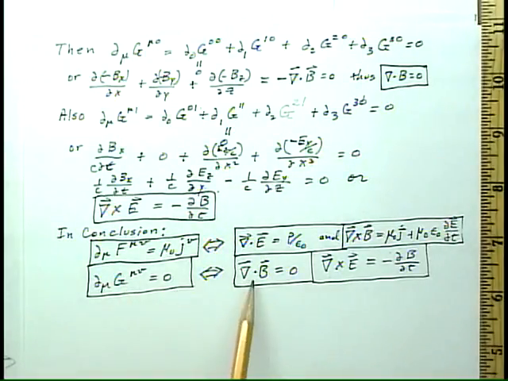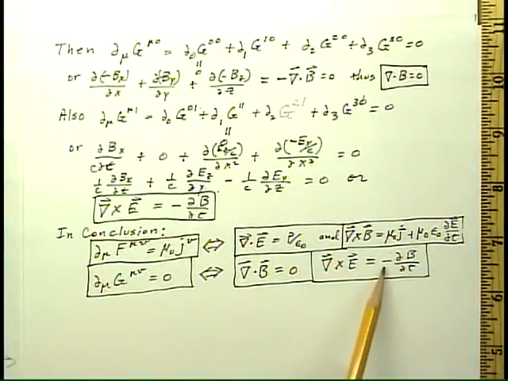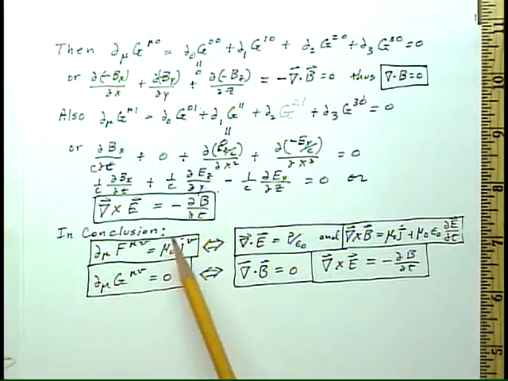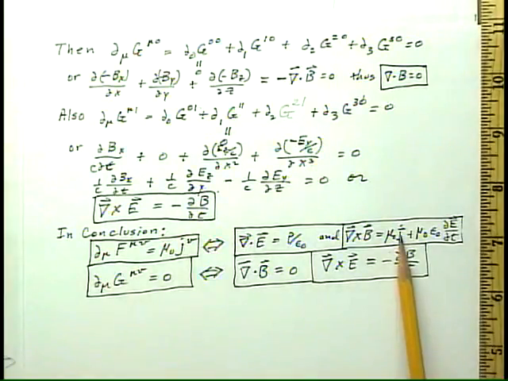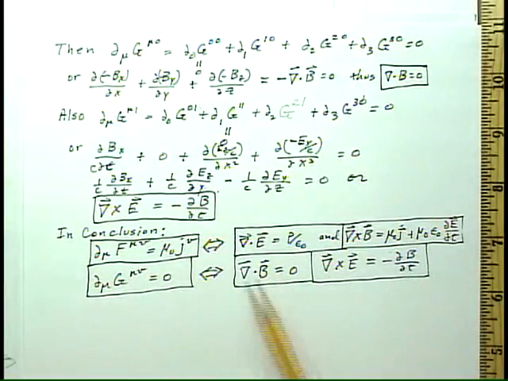It's equal to 0 here. Del dot B is equal to 0. Del cross E is equal to minus partial of B with respect to t. So we see that the inhomogeneity comes from the fact that this equation here is inhomogeneous and this is homogeneous. Therefore, these two terms that appear here in these homogeneous equations do not appear down here. Otherwise, the equations would be symmetric.